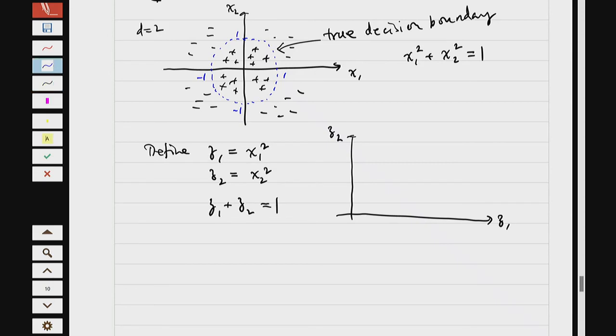So our boundary is actually now this line, 1, and this is also 1, in the Z space. The points can also be mapped from the X space to the Z space. The mapping is such that the pluses go where? Below the blue line or above the blue line?